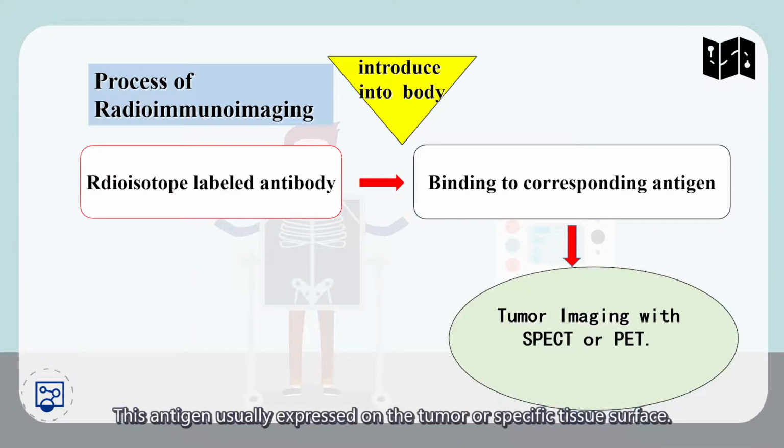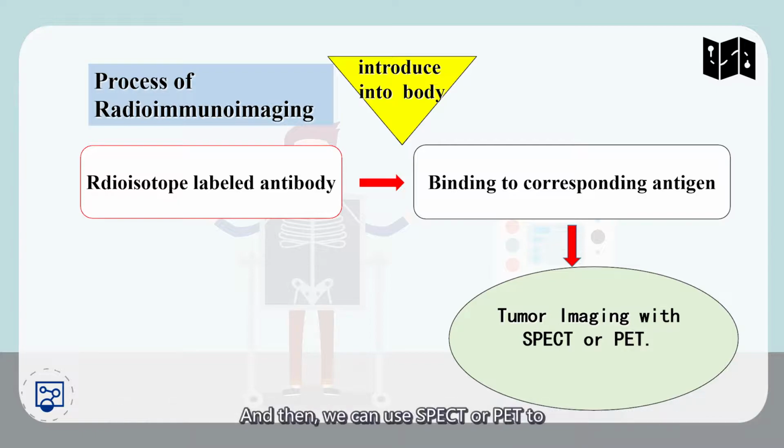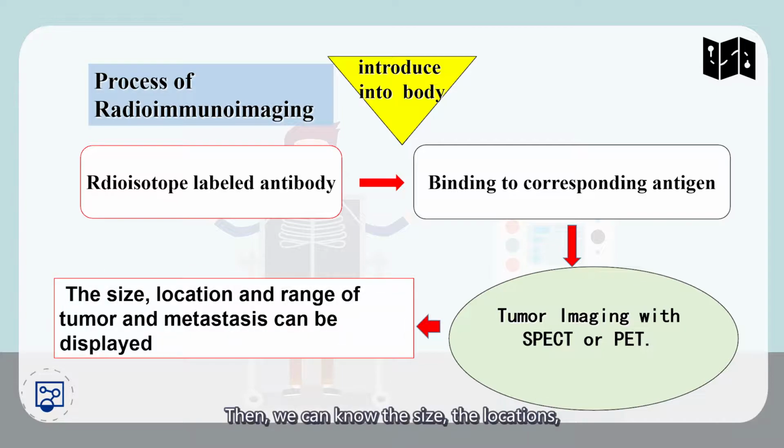This antigen is usually expressed on the tumor or a specific tissue surface. And then we can use SPECT or PET to do the tumor imaging outside the body. Then we can know the size, the location, and the range of the tumor and the metastasis.